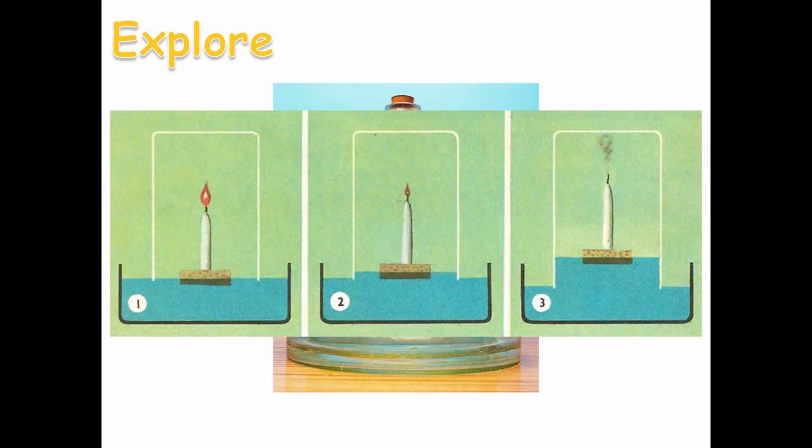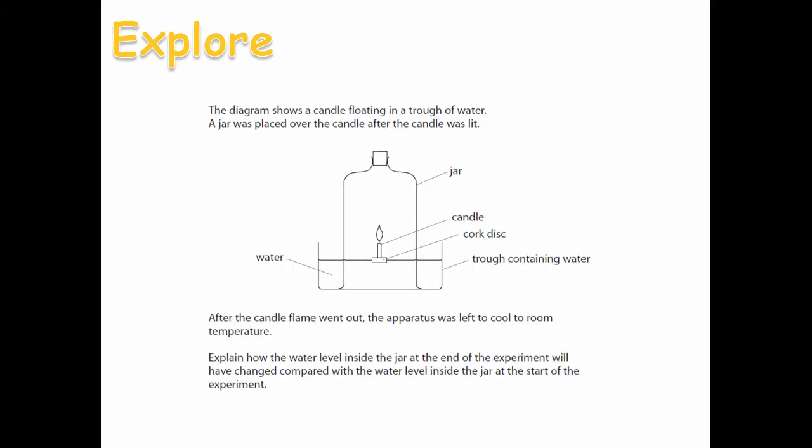Well, the water will rise inside the container as the oxygen is being used up. As the oxygen is used up, the water takes the place of the oxygen. So the water will rise up 21% of the jar if all of the oxygen is used up.